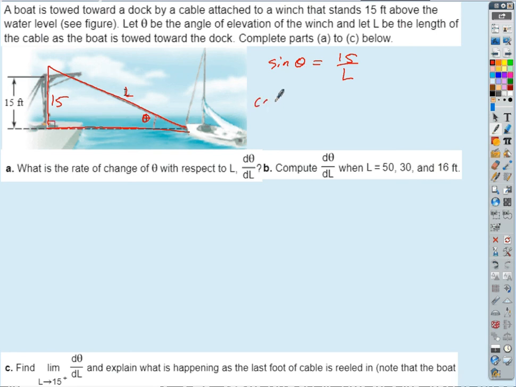So I'm going to get cosine theta times the derivative of theta with respect to L, my theta prime that I'm looking for, right? Equals, well, this is just 15 times L to the minus 1, right? So what's the derivative of 15L to the minus 1 with respect to L?